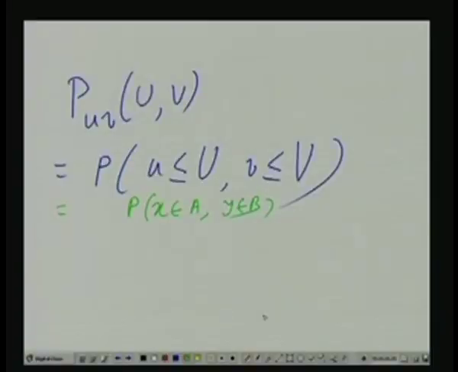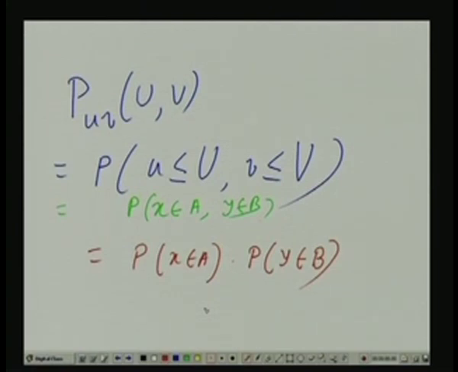But we have been given the condition that x and y are statistically independent. That means this probability is the product of these two probabilities. And x an element of A is equivalent to small u less than or equal to capital U, because small u is less than or equal to capital U if and only if x is an element of A. So these events are the same.